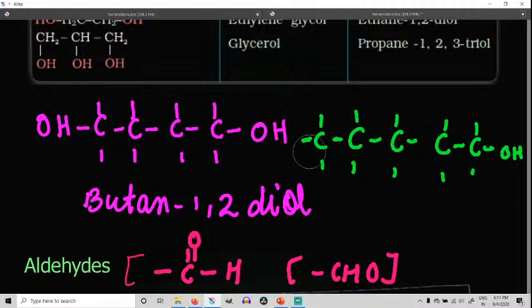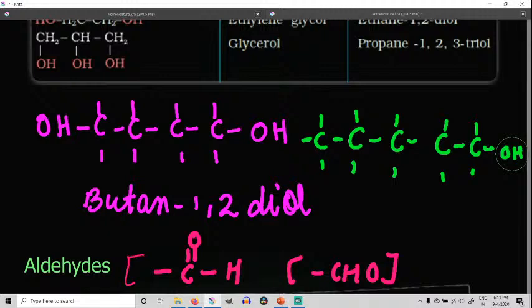If there are 6 carbon atoms in a straight chain and OH is attached at the end, what will be the IUPAC name? Tell me. Only Priya is studying, the rest are not. Nobody is giving an answer. If you have not understood, please write, ma'am, we have not understood.